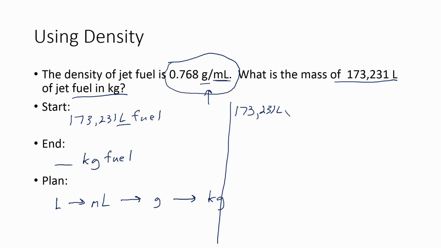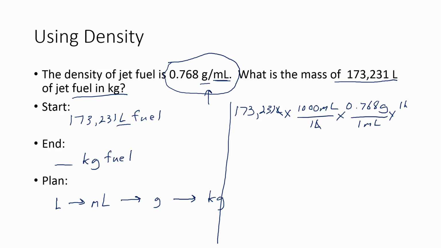173,231 liters times, there's 1,000 milliliters for every 1 liter. Excellent. Now I'm in milliliters because liters have canceled. I have 0.768 grams of jet fuel for every 1 milliliter. Good.